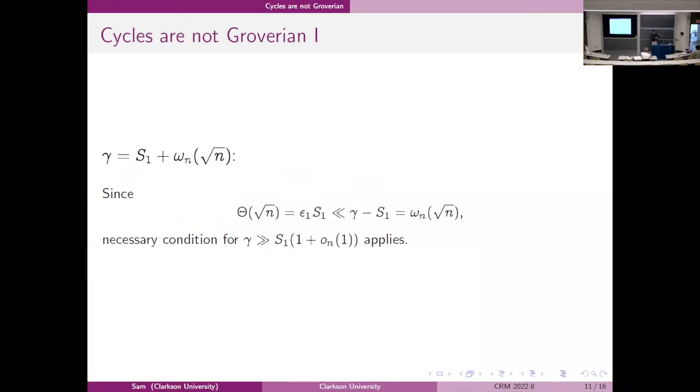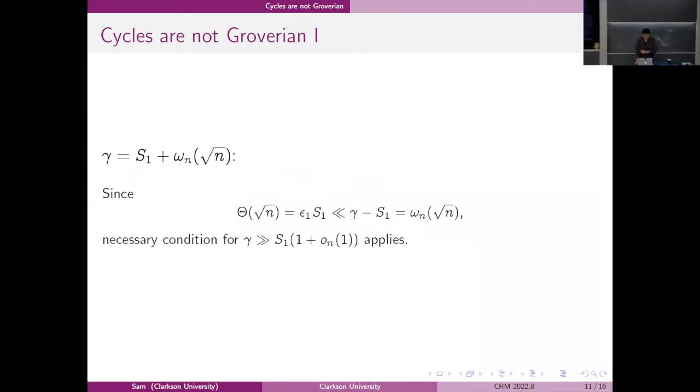So let's prove it. The first case is when gamma equals S1 plus omega of square root n. This omega means this term is of order at least square root of n. So that's saying your gamma is much bigger than S1.